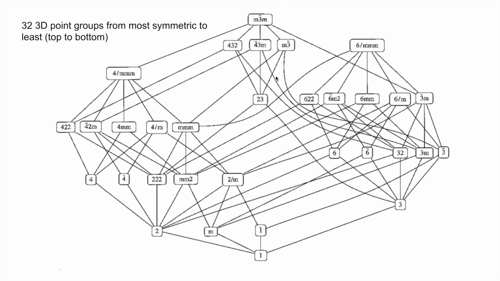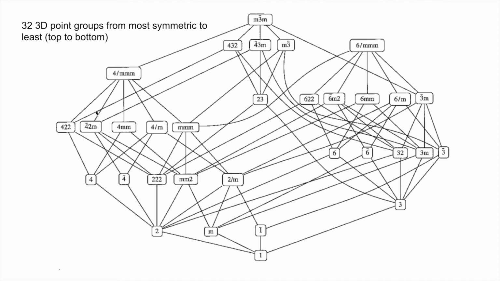Tetragonal, I mentioned that there has to at least be a 4-fold rotational axis, right? That's the minimum. And so you see this cluster over here that has 4s, and you see some m's, 4 2 2, all this, but there are a lot of 4s over here. So that's the minimum operation for tetragonal, and any of these you could put down as relating to tetragonal.